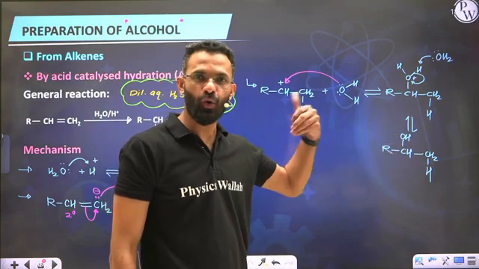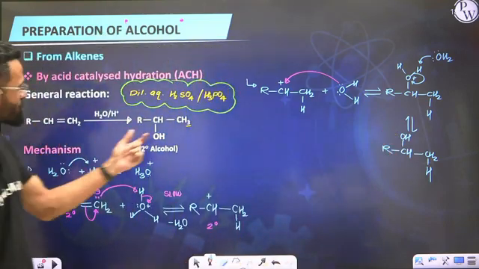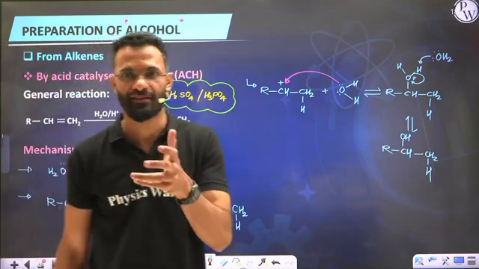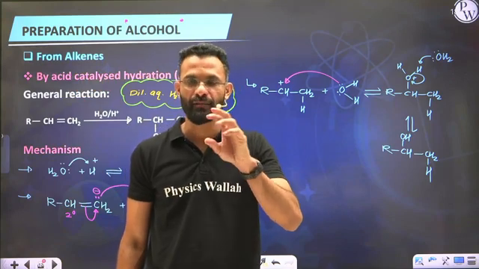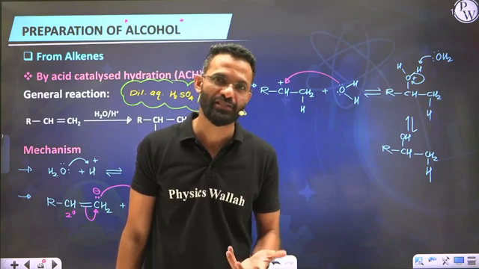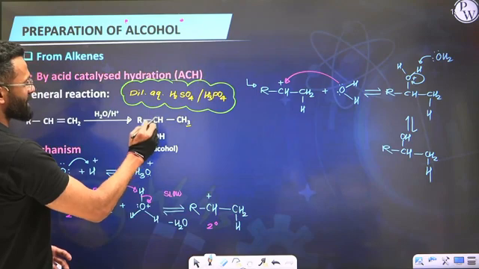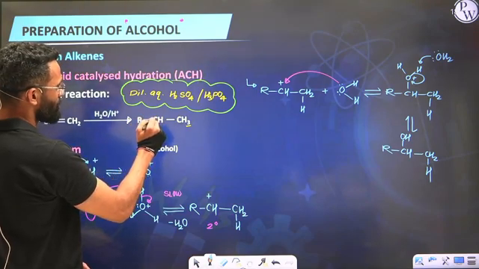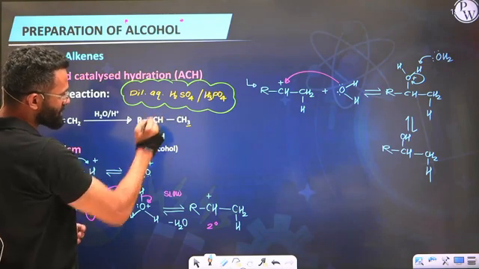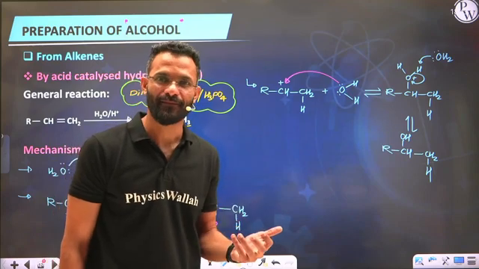Now if you see the overall addition, we had a carbon-carbon double bond to which OH and H got added. In OH and H, if you consider water, which has an H plus part and an OH minus part, can I say the OH minus part is the negative part of that reagent? Yes. So the negative part of the reagent, OH, is getting attached to the carbon which is the more stable carbocationic carbon, or a carbon carrying a lesser number of H. So this addition is in accordance with Markovnikov addition.